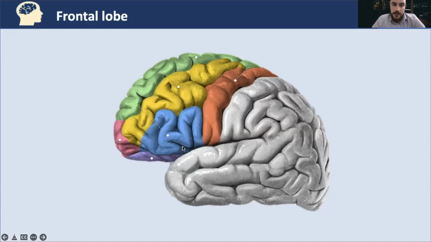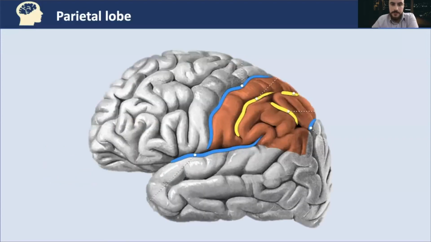What's in front of it is the pars orbitalis, just above the orbit, and this is the pars opercularis, near the operculum of the frontal lobe, the lips of this fissure. This is the Sylvian fissure. So the inferior frontal gyrus is divided into pars orbitalis, pars triangularis, and pars opercularis.